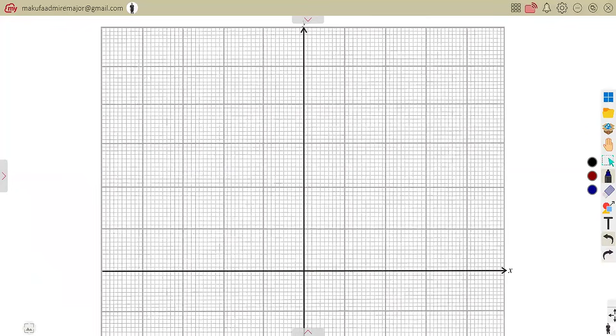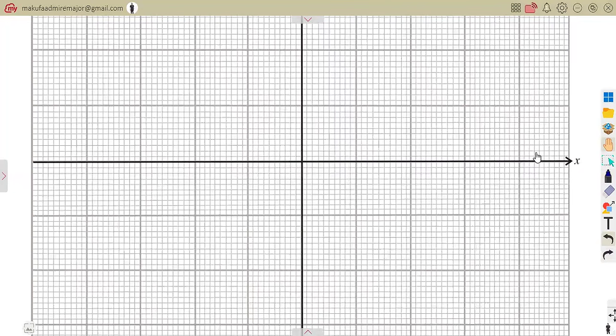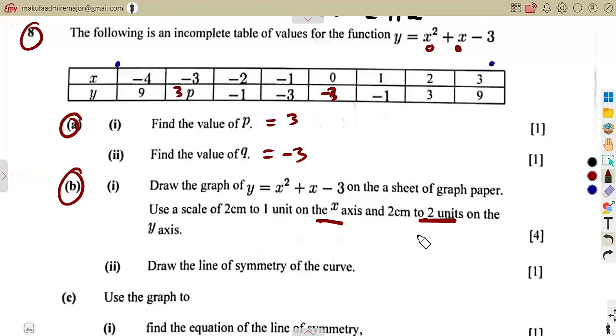On the x-axis, you're asked 2 centimeters to represent 1 unit, and we need -4 up to something like 3 there. So that's 0, 1, 2, 3, 4, and -1, -2, -3, -4, -5. On the y-axis, remember it was 2 centimeters to represent 2 units. Be careful with the scale, 2 centimeters to 2 units on the y-axis.